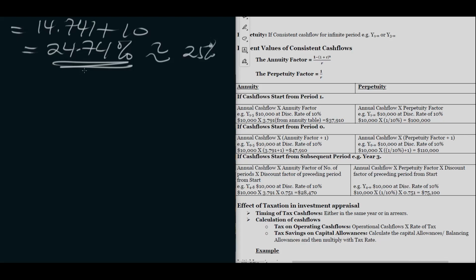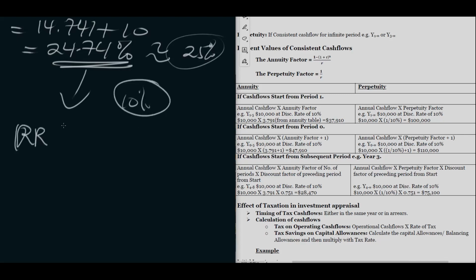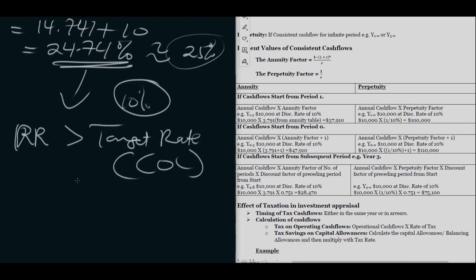That means the maximum return this project can offer is 24.74%, or 25%. But shareholders want 10%. So we accept this project because the IRR is greater than the target rate that the investors want, or the cost of capital.